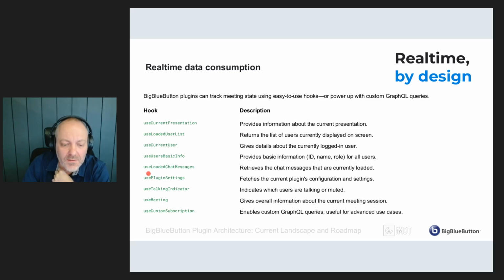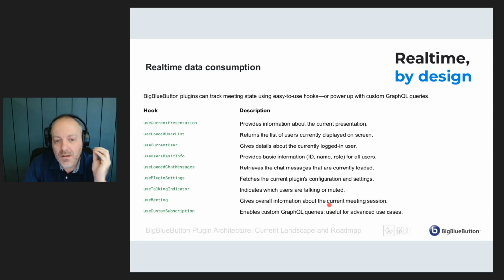Use plugin settings: the settings described by the settings schema sent by the third-party application can be read by the plugin with this hook. Use talking indicator: you can know who is talking in the meeting. Use meeting: you get the meeting information. And use custom subscription. This one is really important.